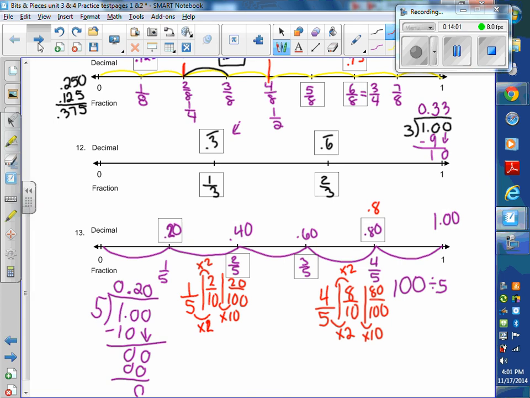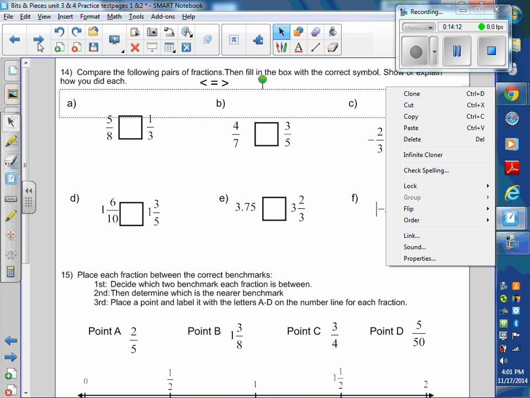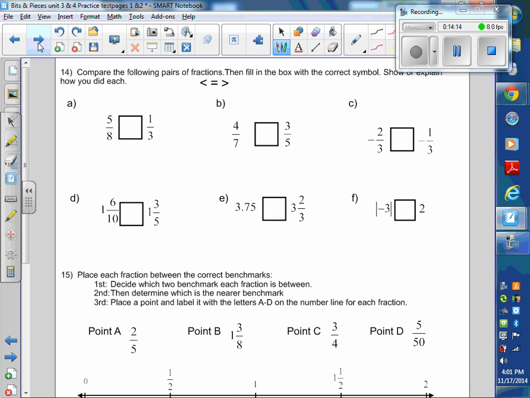All right. So on this next one, compare the following pairs of fractions, then fill in the box with the correct symbol. Show or explain how you did each.